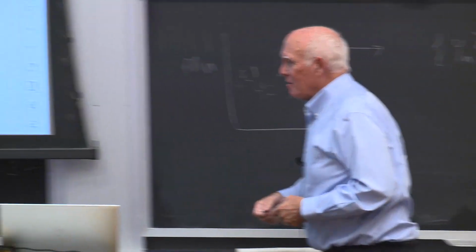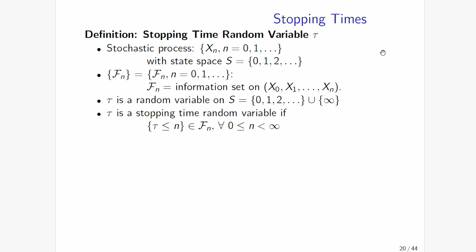Now, with martingales, an important concept for us is a stopping time random variable, which we'll call tau. The stopping time is a random variable that characterizes whether, at any time n, we know whether the stopping time has occurred or not. So the event of the stopping time being less than or equal to n steps has to be known in the information set up to time n.